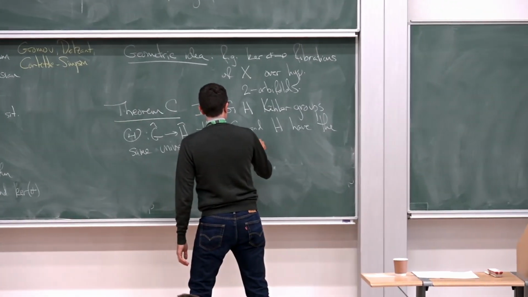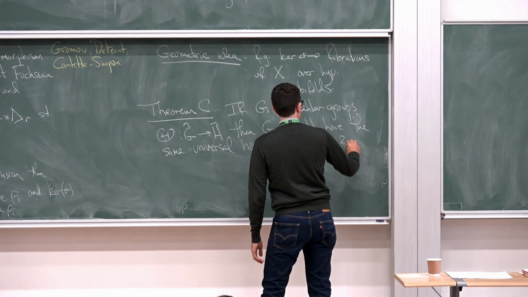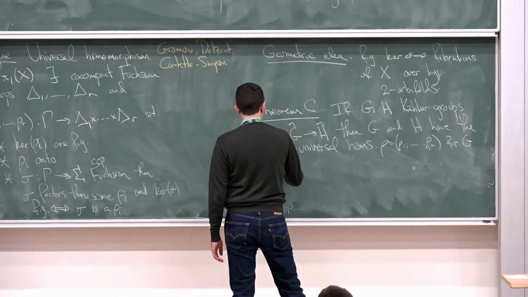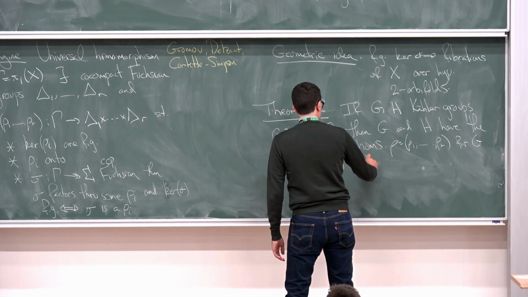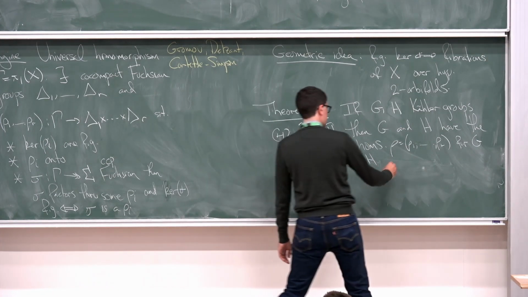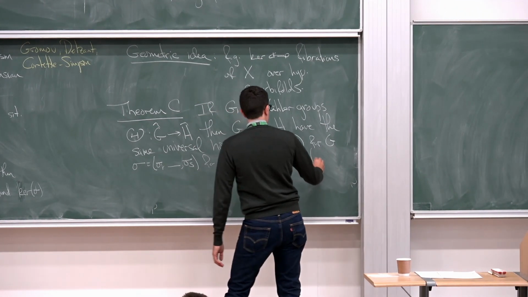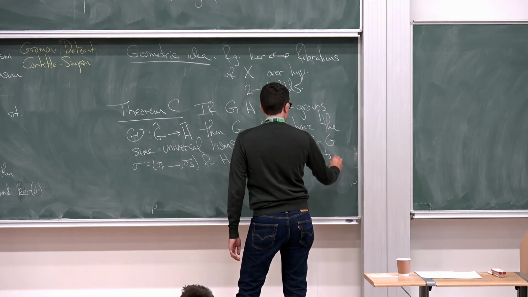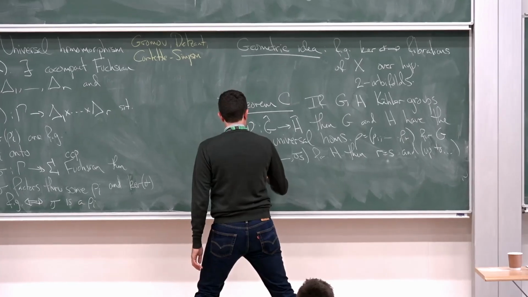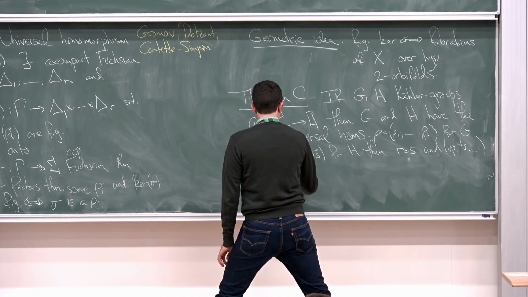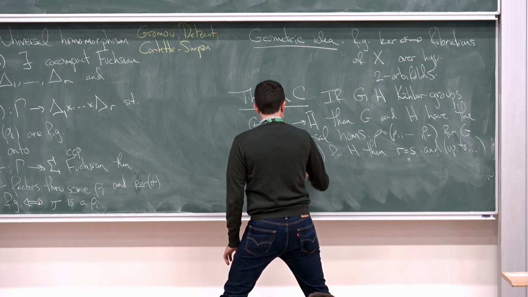If we have rho 1 to rho r for G, and sigma 1 to sigma s for H, then r equals s, and up to the obvious things you need to take care of, we have that on profinite completions, which way is this going to go? Sigma i is going to go first.